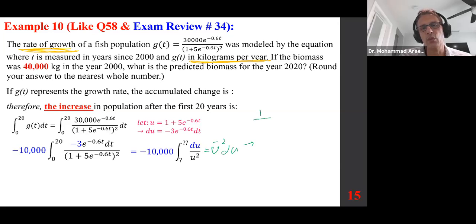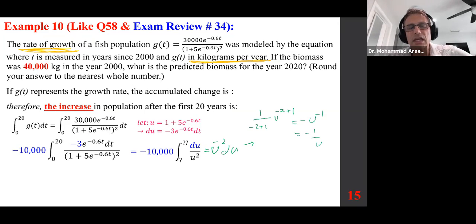Therefore, it's 1 over -2 plus 1 times u to the power of -2 plus 1. And this is the same as negative u to the power of -1, or simply put, -1 over u. Either way is fine. So that's as far as integration is concerned.